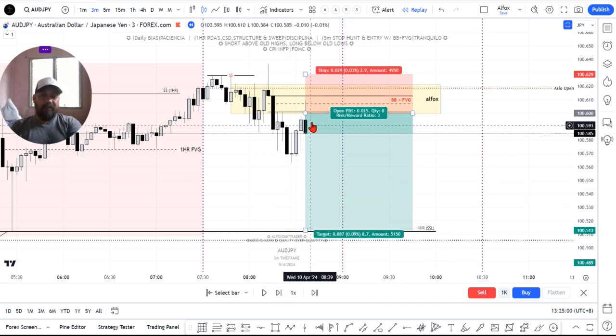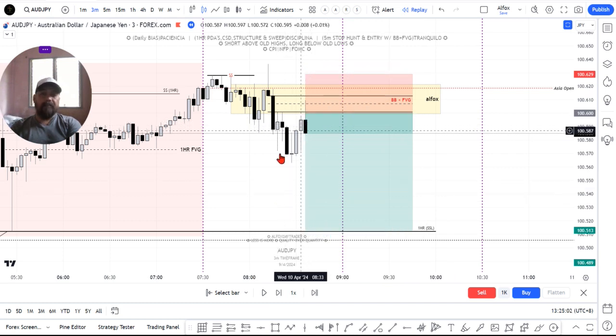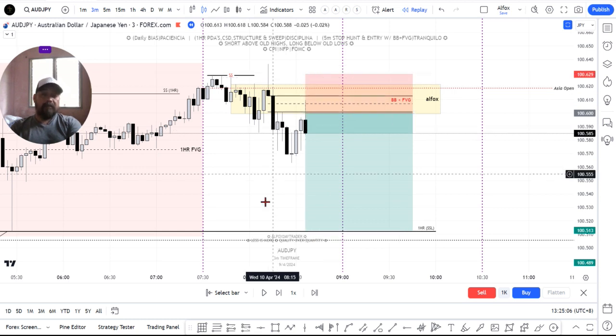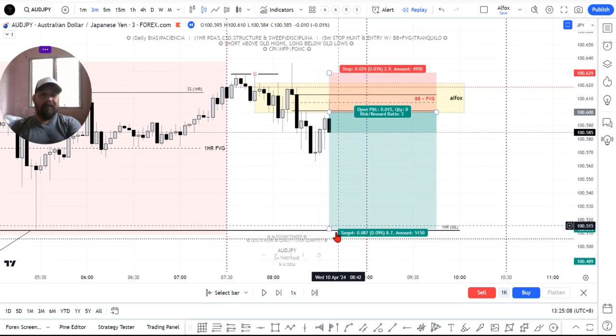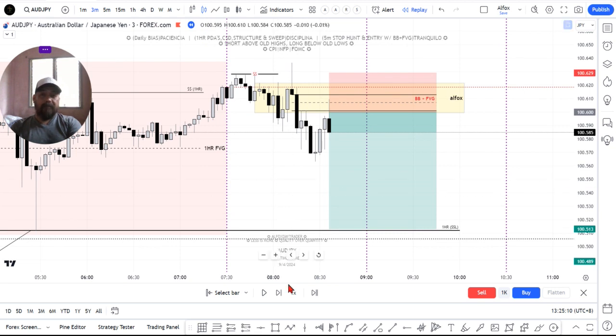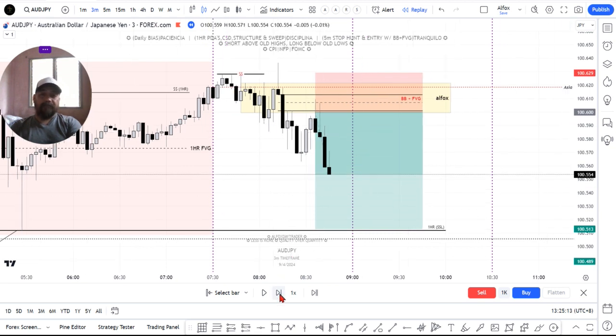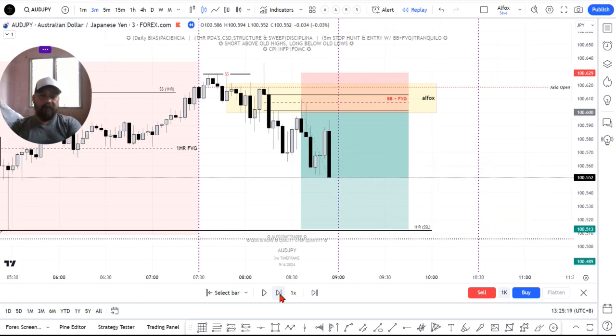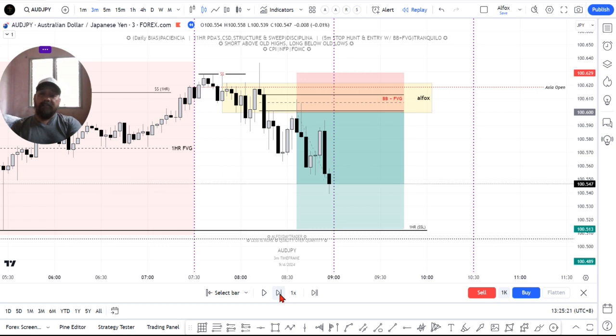Okay? So now we are officially in. So I'm risking another 1R, but my target this time is 3R. Okay? So let's move on. You can see, price went down and played around, then went down again. During this time, I was relaxed and confident.